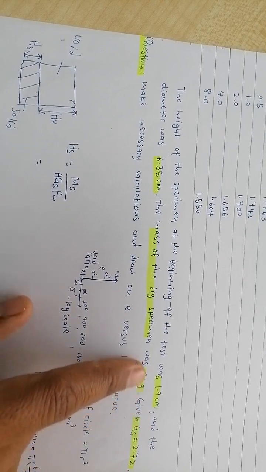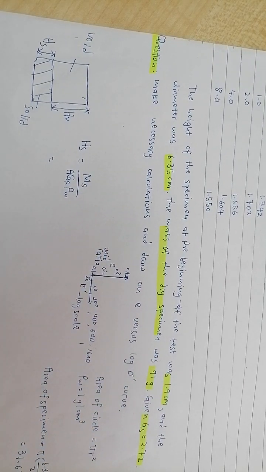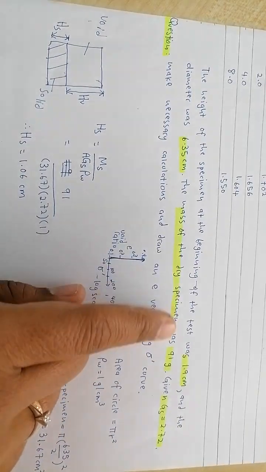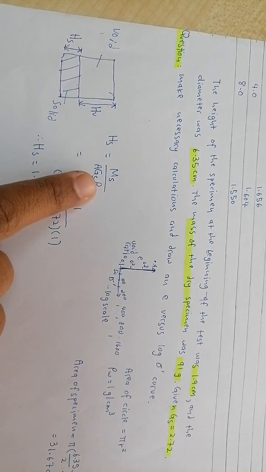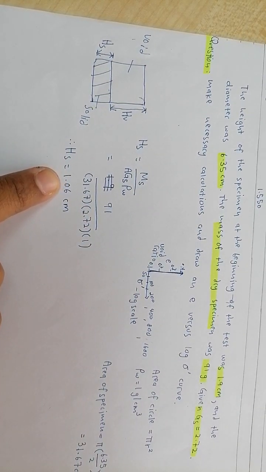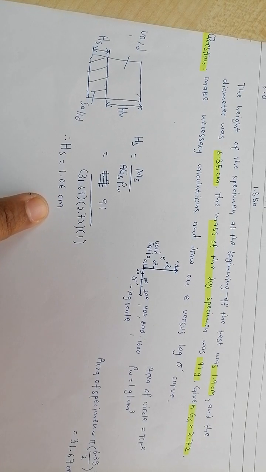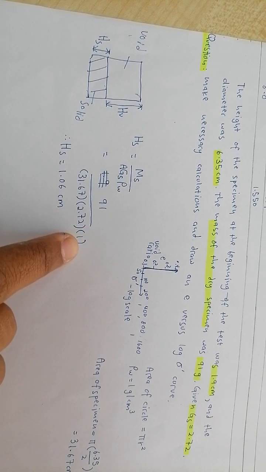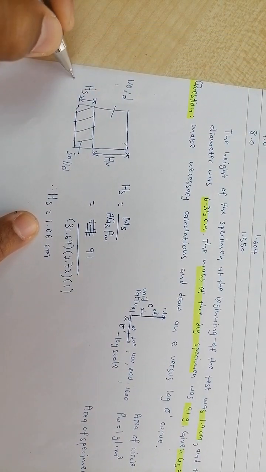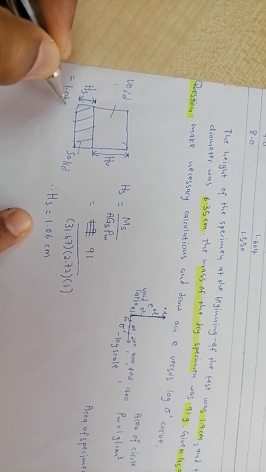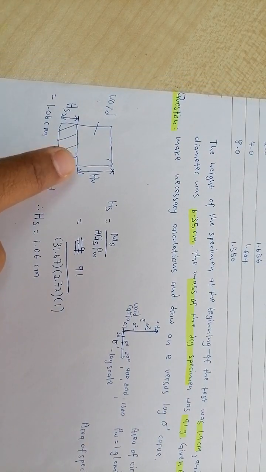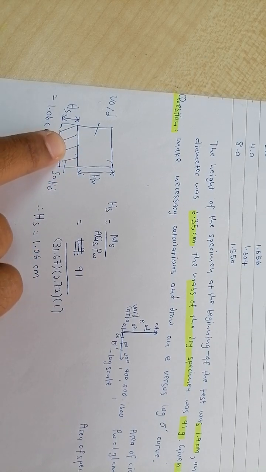Back to this. You put all of the highlighted raw data here into this formula, and then you will get HS equals 1.06 centimeter. You can try this and you'll get this value of HS. HS is constant. The height of solid is constant.